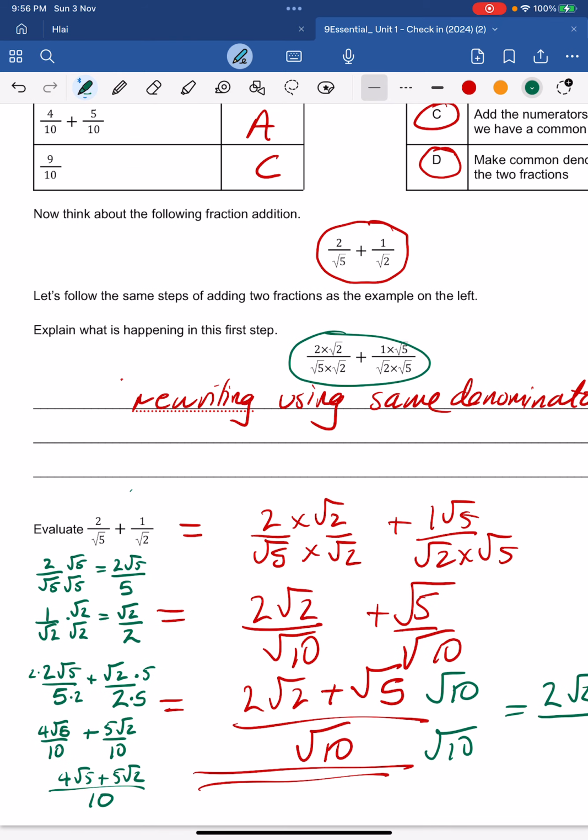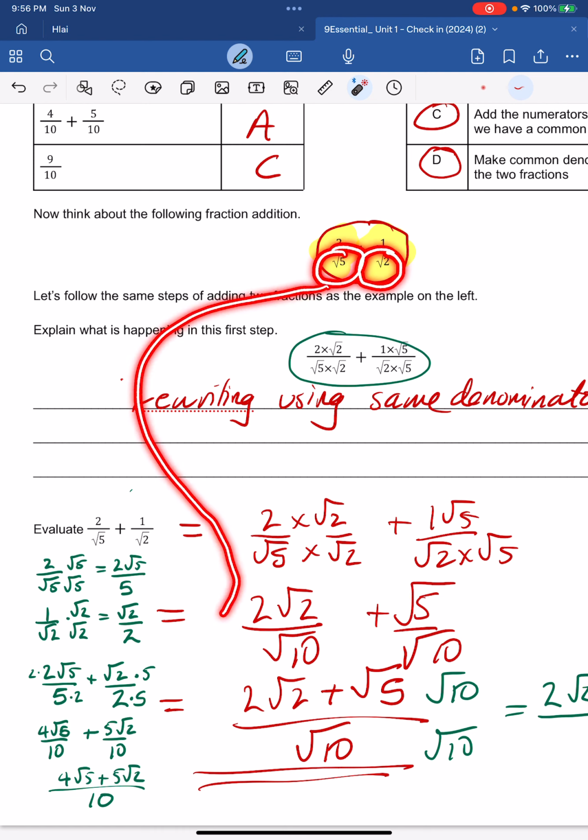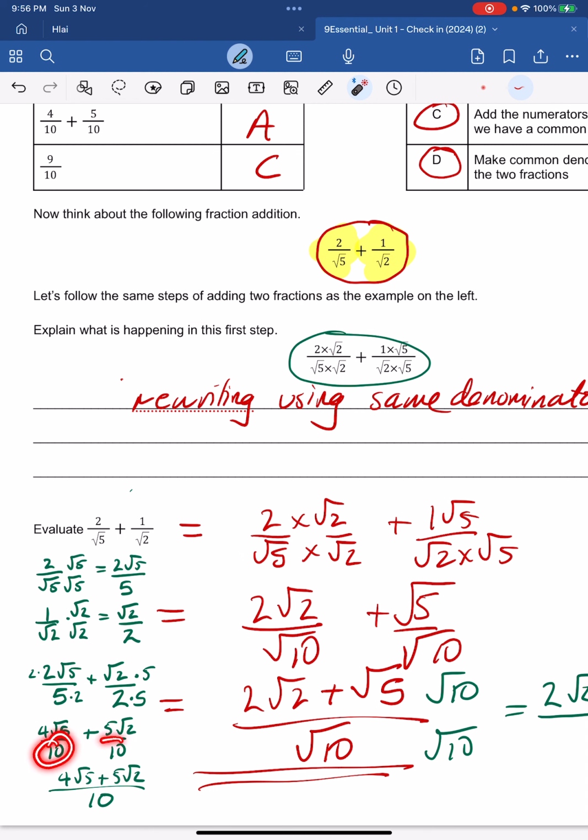So I think it emphasizes the point, doesn't it, that if we have a fraction addition and if the denominators are surds, it definitely does seem to be a very good plan to rationalize those denominators first, to change them into nice fractions, right? Fractions with a rational number in the denominator, and then we're just adding together good old regular fractions.